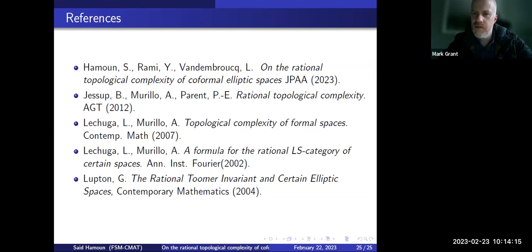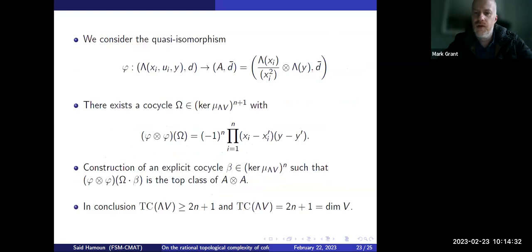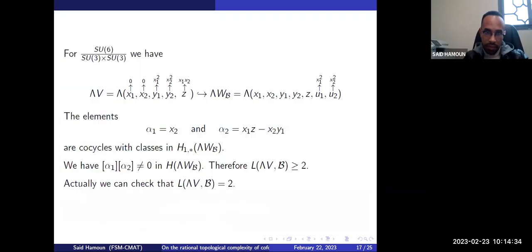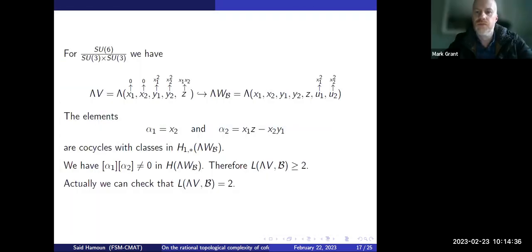I just wondered if that lower bound of 5 for the integral TC for that example is better than you can do by using ordinary cohomology. Did you check? Here for the homogeneous space? Yeah. So your rational TC is 5, so that means your TC is at least 5. But I wondered if that is an improvement on what you can do with ordinary cohomology and zero divisors.